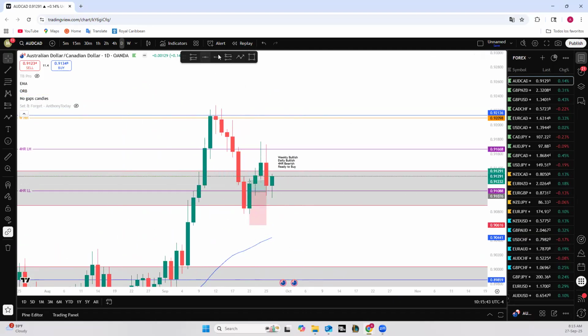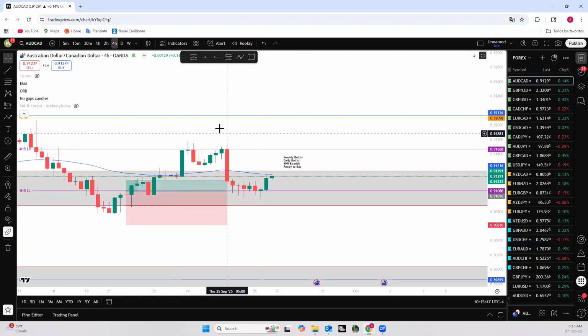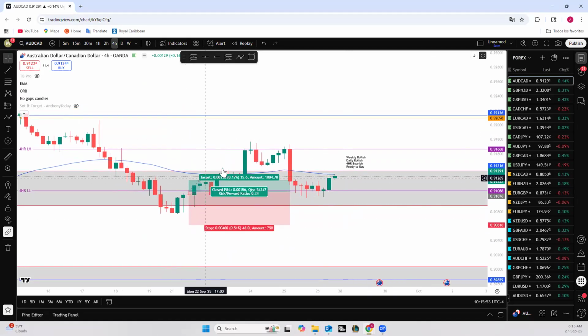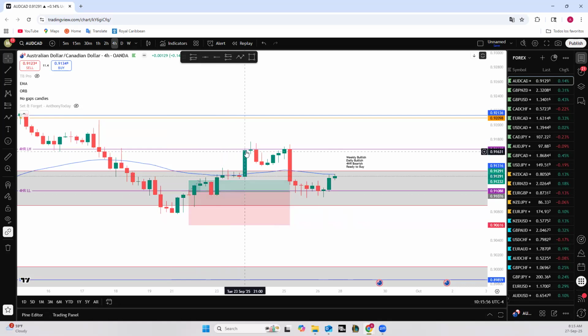My take profit was all the way here because of my stop loss, but I think it broke the area of interest, retested, and now it's ready to buy. So I'm just gonna wait for it to get out of the area of interest and come back a little bit to give me an entry, and then buy again.